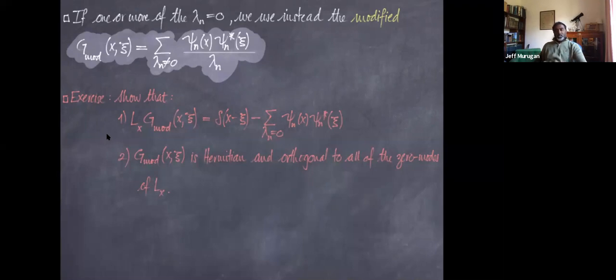Okay, so up until now, you've probably thought of Green's functions as some function of real values x, because you probably worked with differential equations that were just differential equations in x, or partial differential equations in x and y, or something like that.